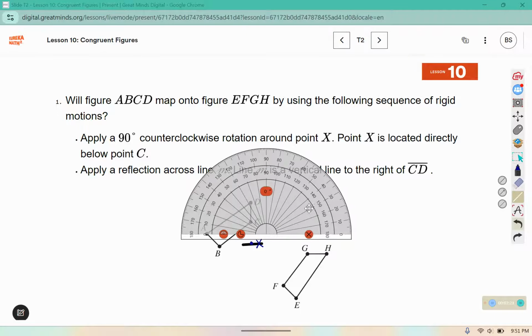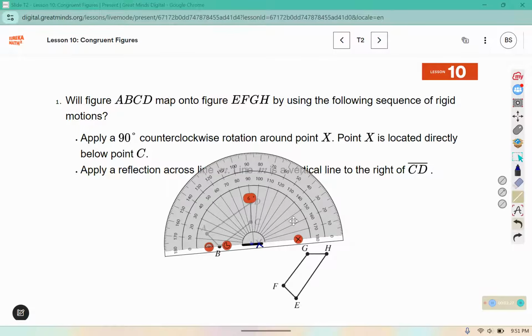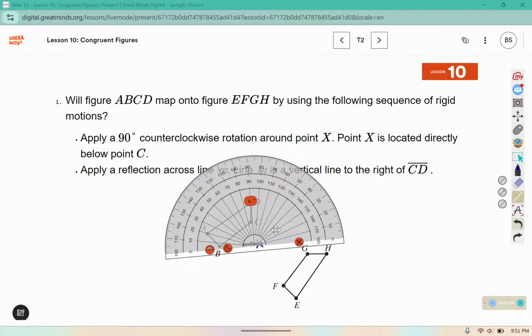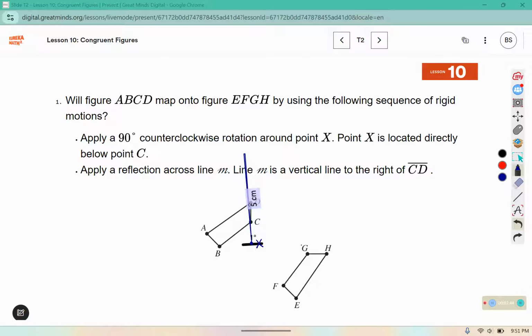So pulling out that protractor, we're going to line up our protractor on the line we created, and the center of our protractor should be lined up on the center of rotation. Create that mark at 90 degrees, and then connect it using the straight edge.